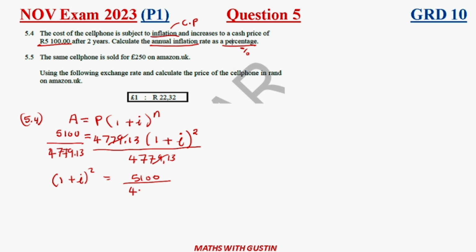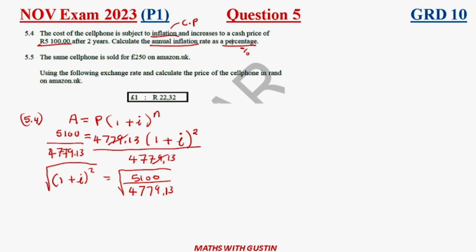I just interchanged them, guys, and moved things to the other side, basically just to show you so that it's easy for you to follow. So this is what we'll be left with after dividing. But we've got a square here, so to take it out, what do we do? We put a square root over both sides. What we do on the left, we must do on the right.